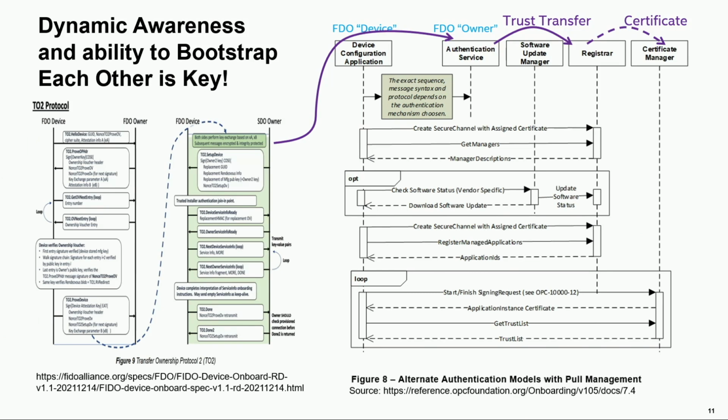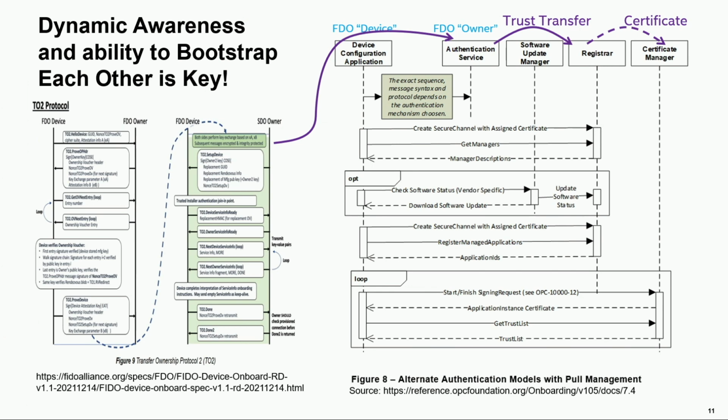And so, on the left-hand side, you can see the FIDO Alliance workflow for the TO2 protocol as an example. And on the right-hand side, you can see the alternate authentication models with pool management, and figure 8 is represented in one of the OPC Foundation's onboarding documents. But basically it is the FDO device and the SDO owner performing their key exchange.